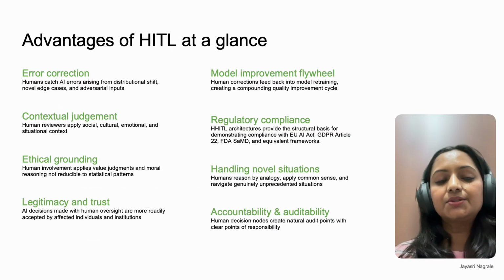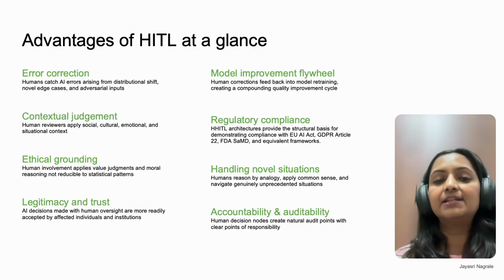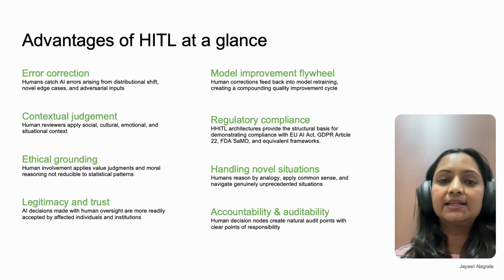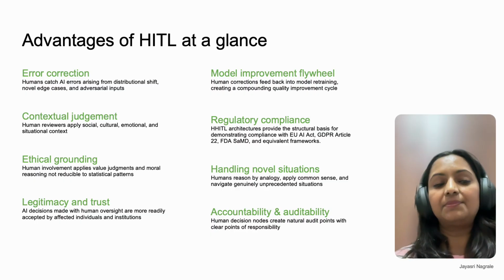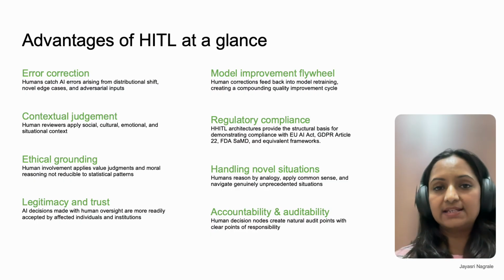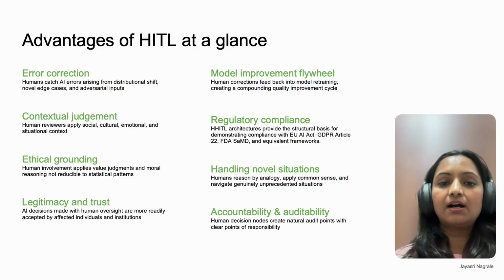So just to have the list of advantages at a glance, this is more like a summary slide. First, having human in the loop prevents errors. It's good for error correction. Humans bring in contextual judgment. It also helps decisions be grounded in ethics. It builds legitimacy and trust.